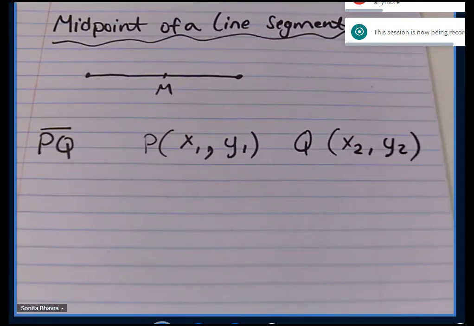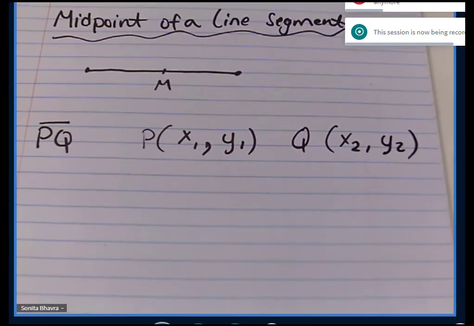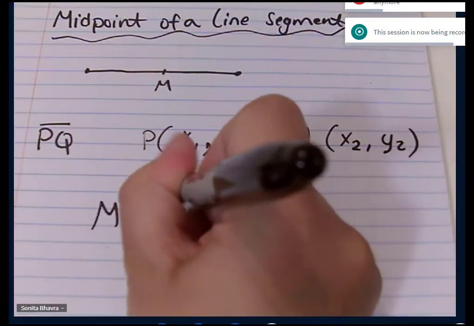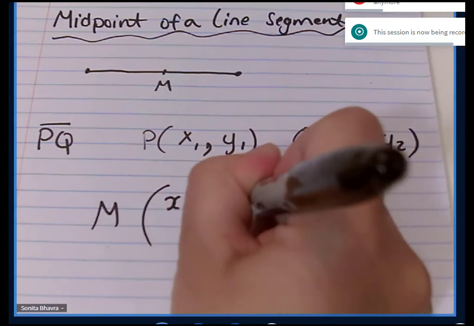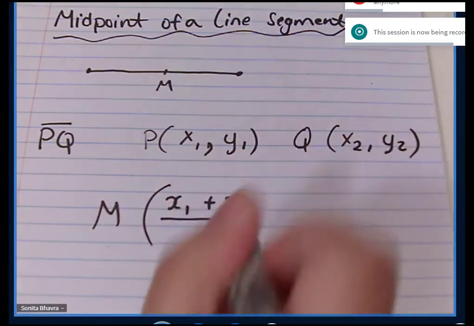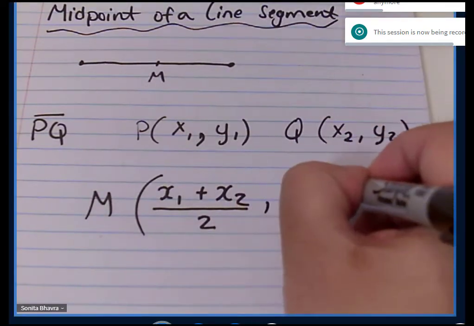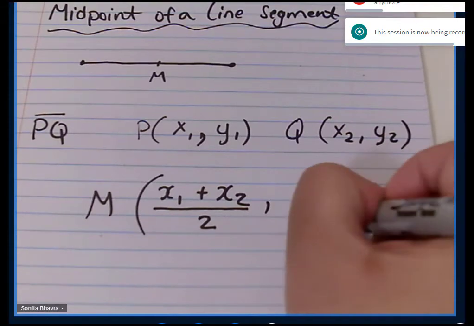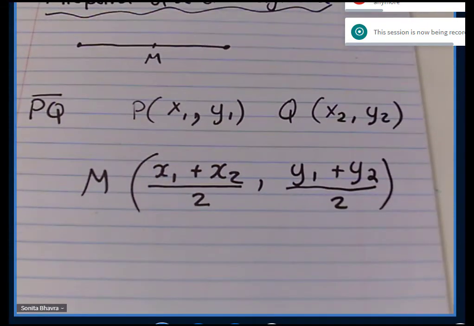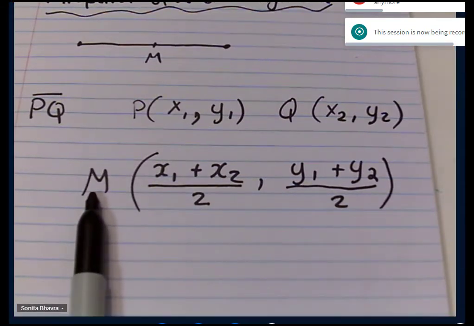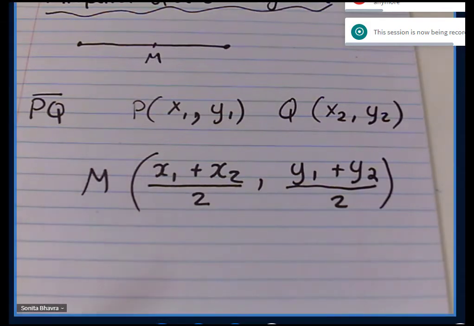All right, so using these two endpoints, our midpoint formula looks like this: (x1 plus x2) divided by 2, and (y1 plus y2) divided by 2. That is the formula we're going to use to get to the midpoint. And we use capital M to show midpoint.